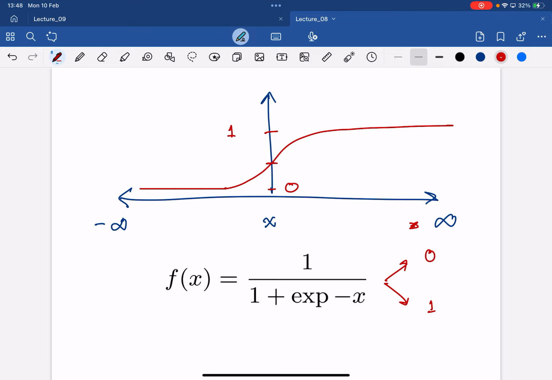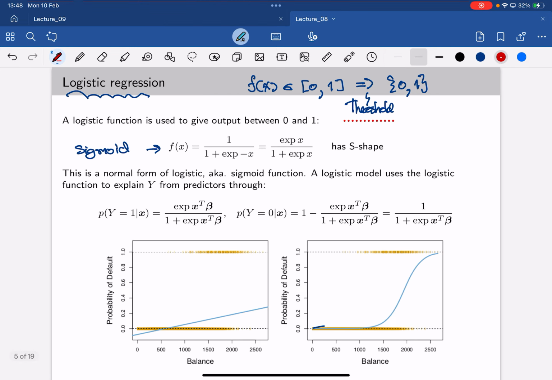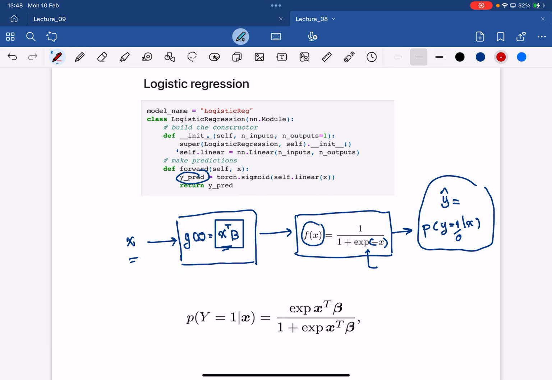It depends on how your beta behaves, because beta here controls the output of this g(x) function, and g(x) goes into 1 over exponential of minus g(x).